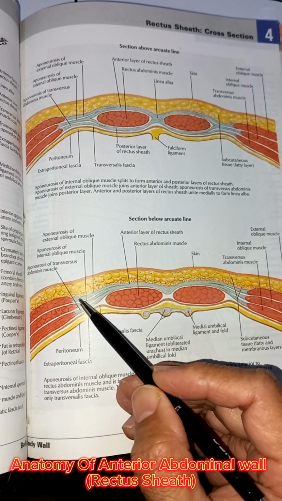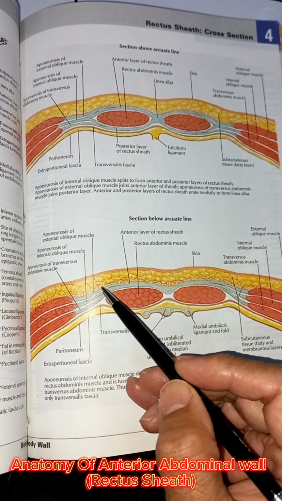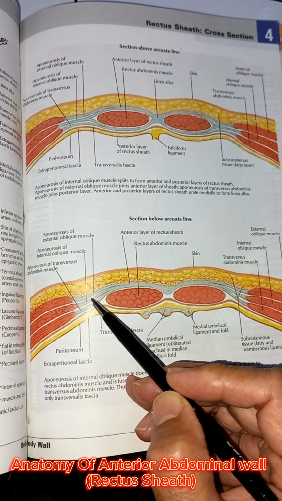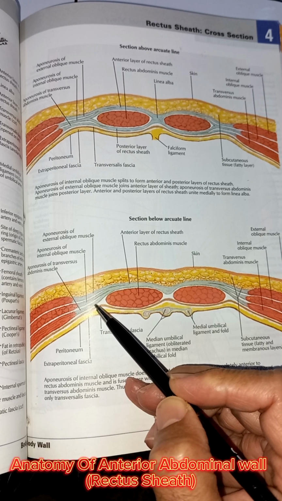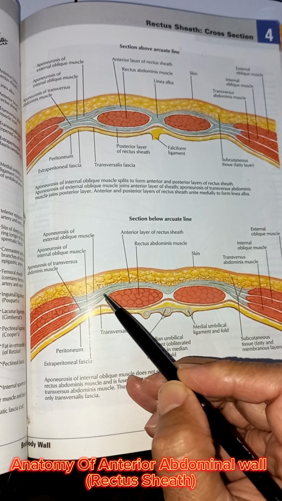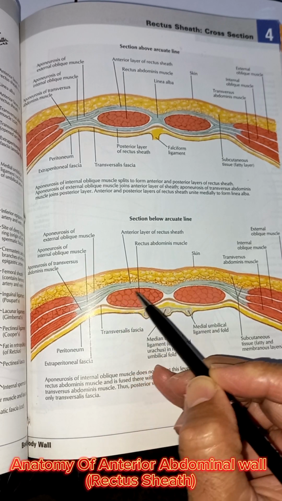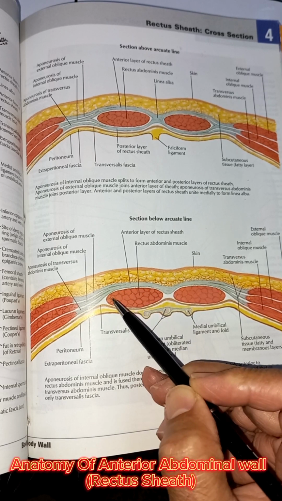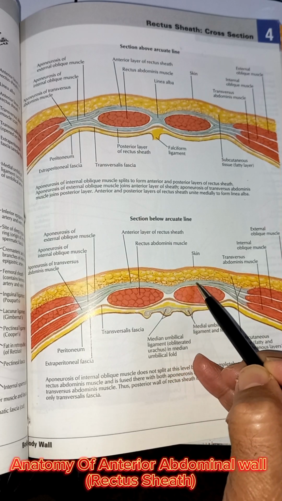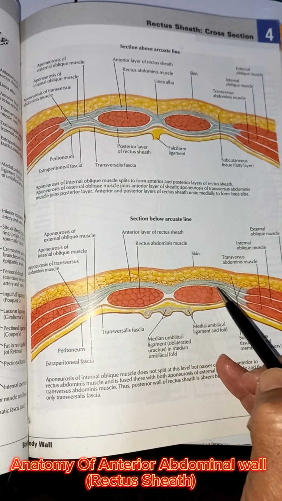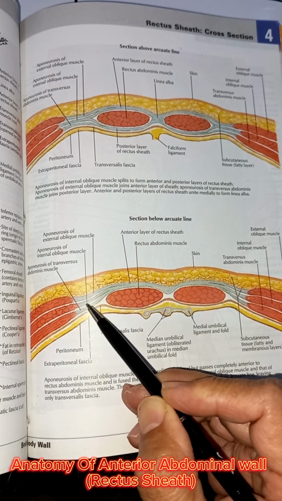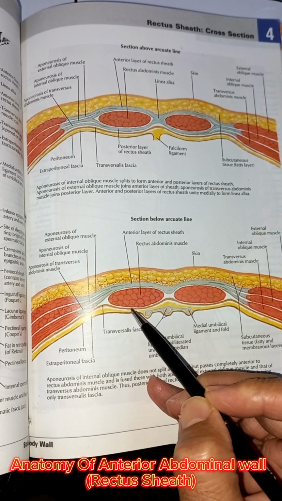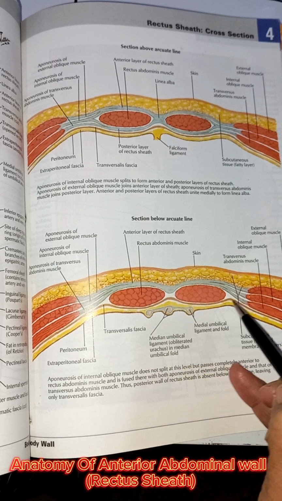And all three muscles' aponeuroses, external oblique, internal oblique, and transversus abdominis, pass in front of the rectus abdominis muscle, forming the anterior layer of the rectus sheath, and below the arcuate line, the posterior rectus sheath is absent.